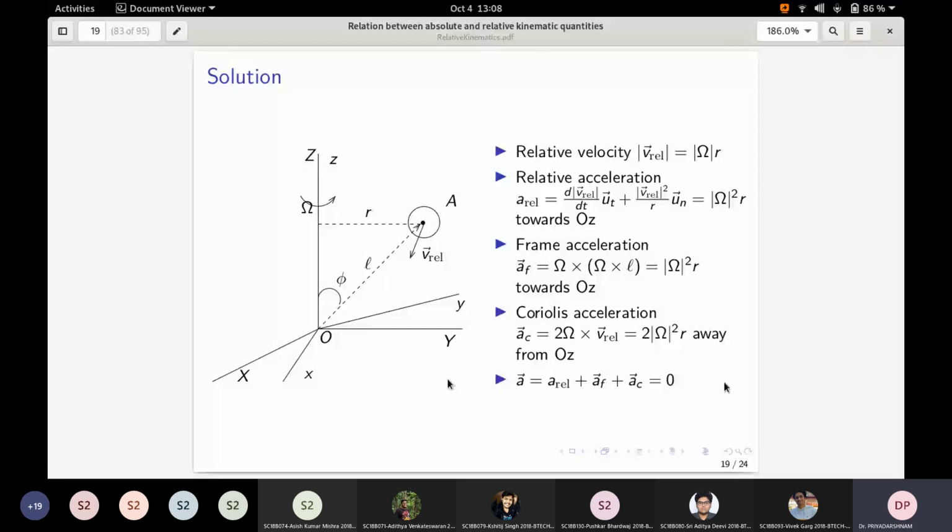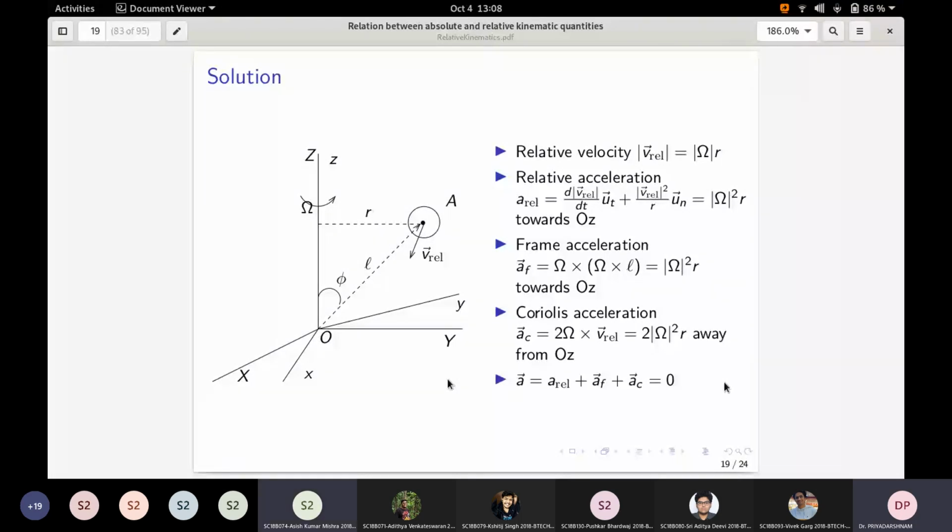However, the overall absolute acceleration, which has to be considered to apply Newton's laws of motion, is this particular quantity. If you want to apply F equals ma, this is the acceleration that has to be utilized.